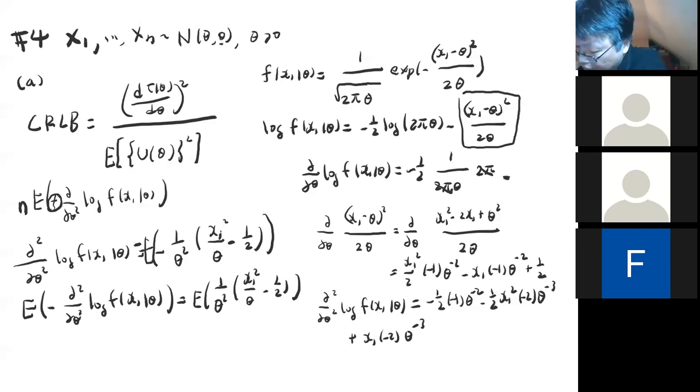So you just follow what expectation is. For example, right here you have 1 over theta cubed, then the expectation of x1 squared, minus half times 1 over theta squared.